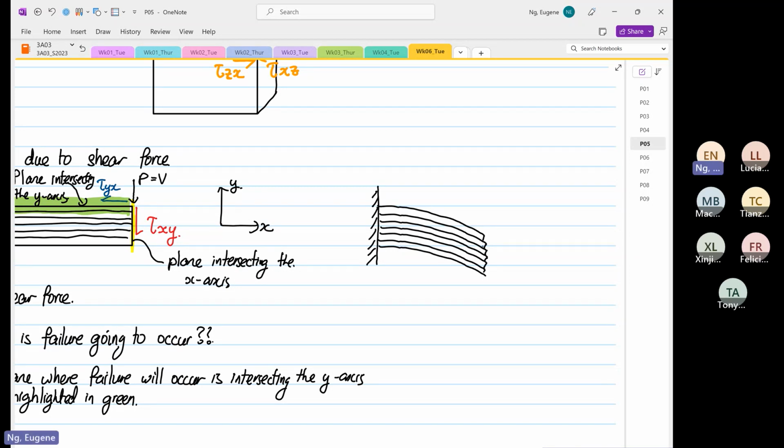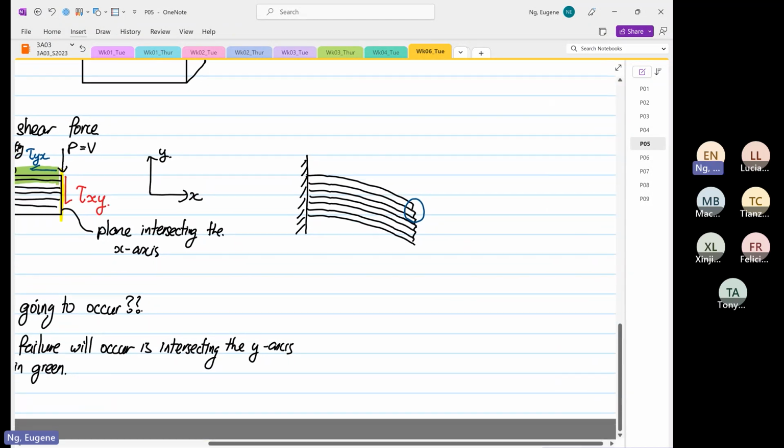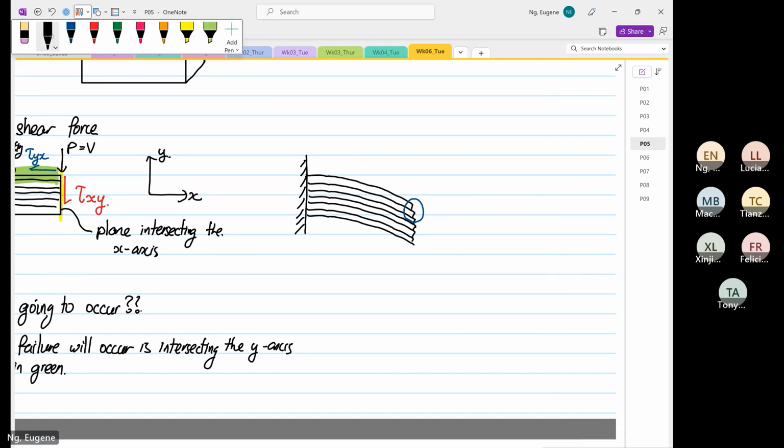And you can see here, if I were to amplify this region down here, right? So I will draw it bigger now.